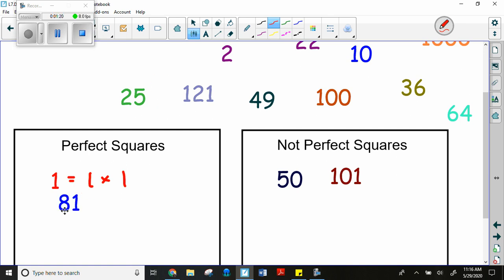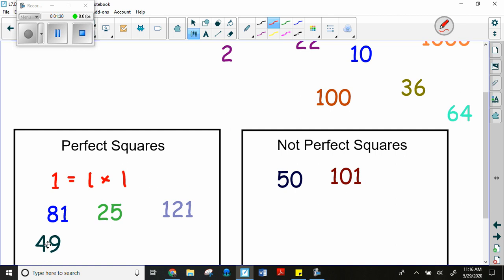We just said 9 times 9, 81. 5 times 5, 25. 11 times 11, 121. 7 times 7, 49. 10 times 10. 8 times 8.